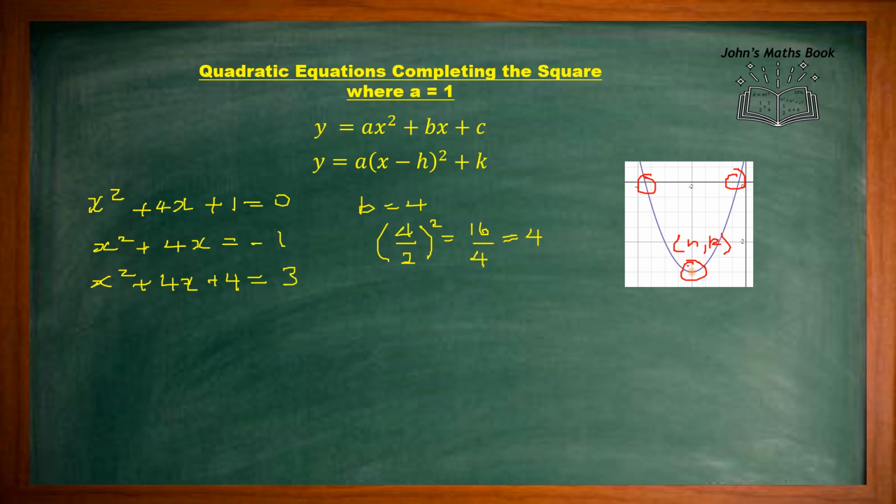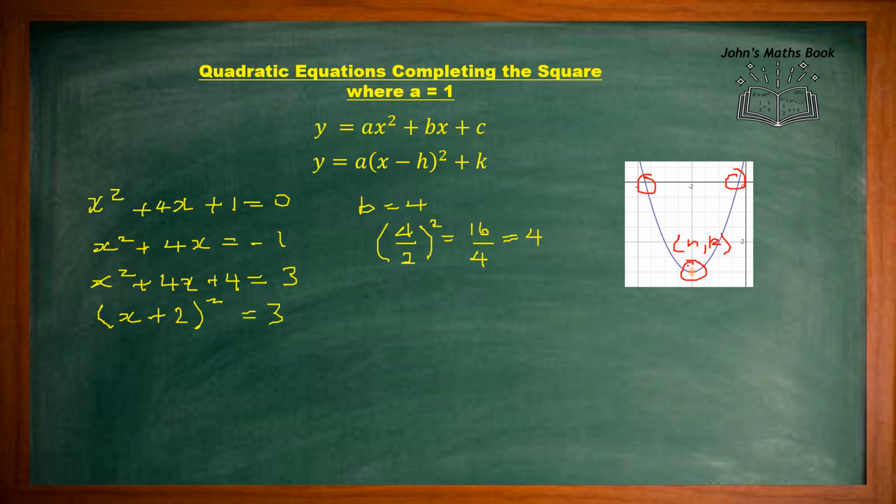So now on the left hand side we have what's known as a perfect square trinomial, which we can factorize as follows. So the left hand side becomes x, and then plus half of the b value. We know that b is 4, so half of 4 is 2. So plus 2, and that's all squared, is equal to 3.